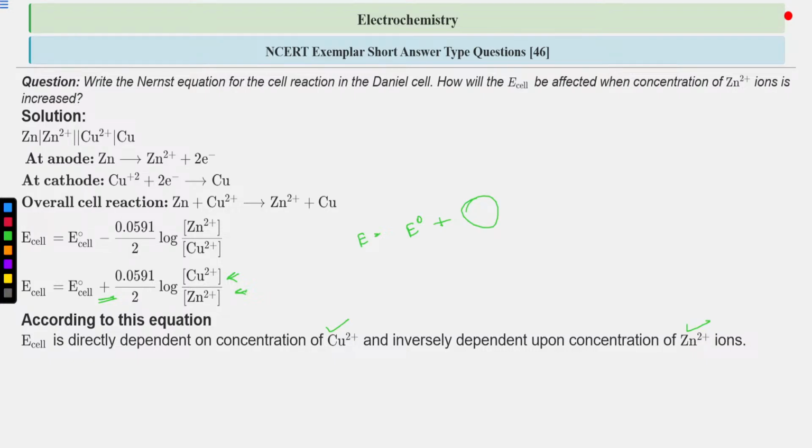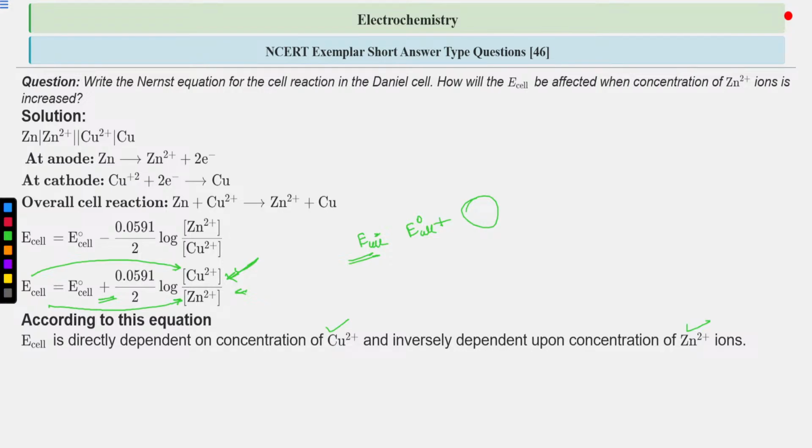So E of cell is basically E naught of cell plus some numerical term. It is directly dependent on the concentration of copper 2 positive, which is present in the numerator, and inversely dependent upon the concentration of zinc 2 plus ion because it is present in the denominator.